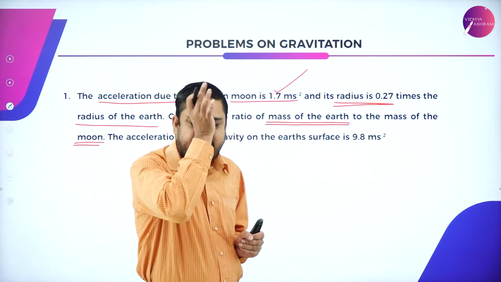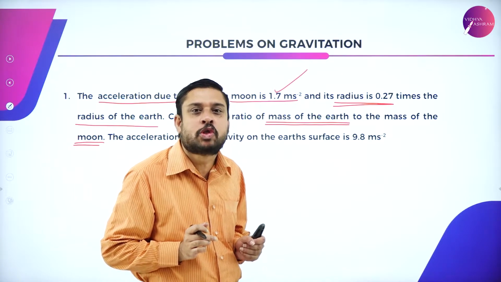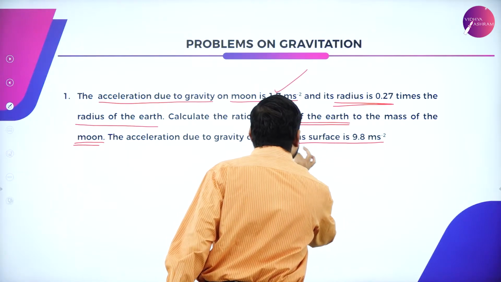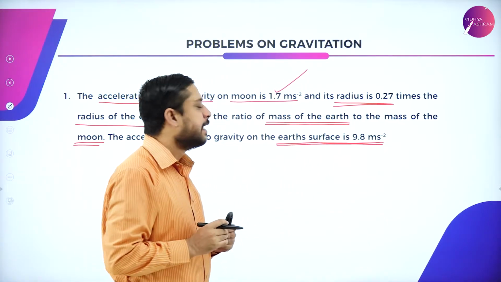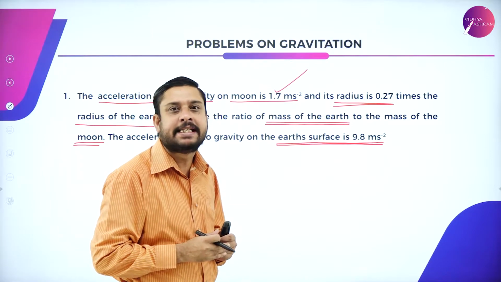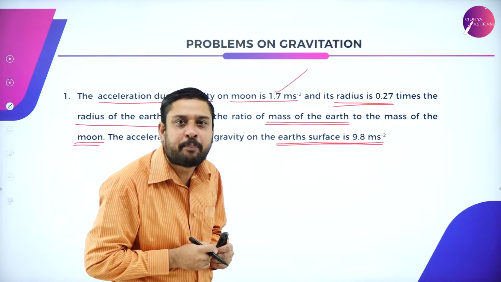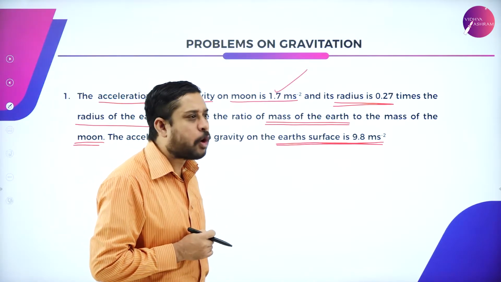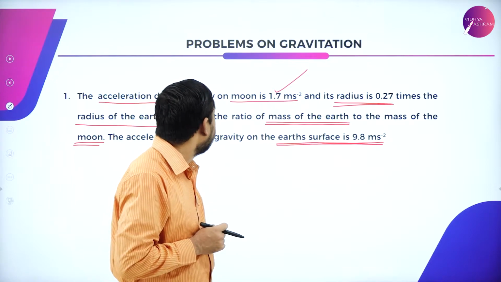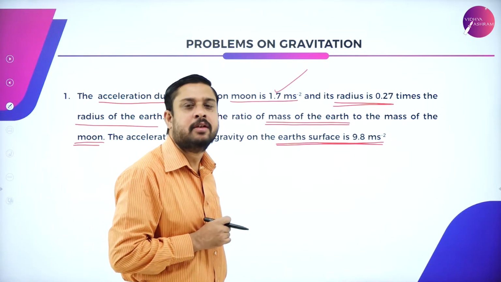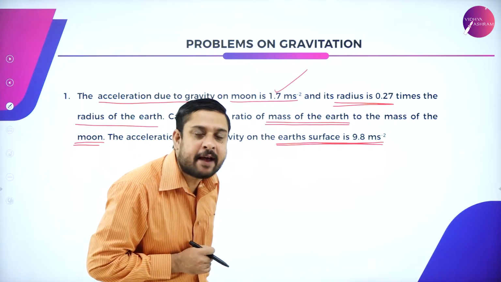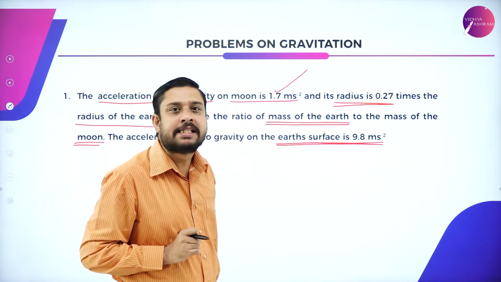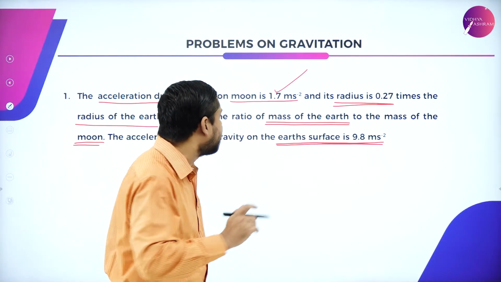Given acceleration due to gravity on Earth's surface is 9.8 meter per second square. So the problem says acceleration due to gravity on moon is 1.7 meter per second square.